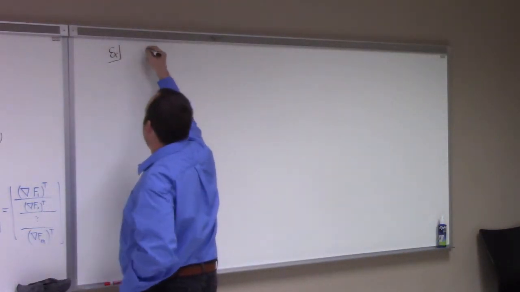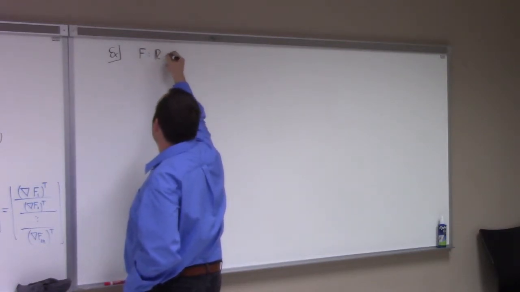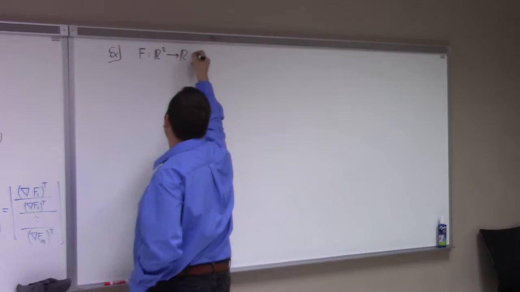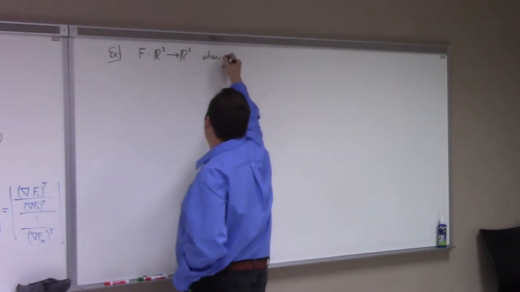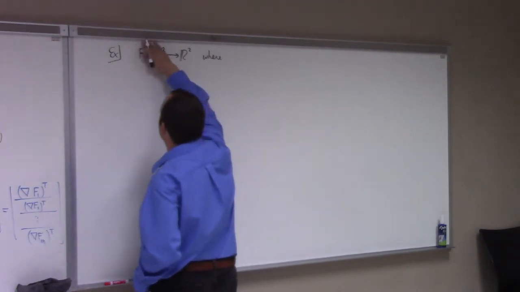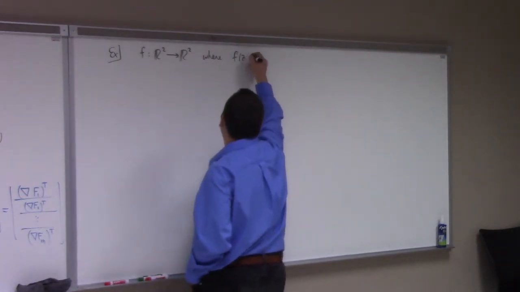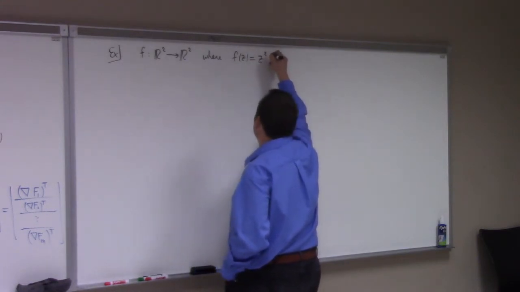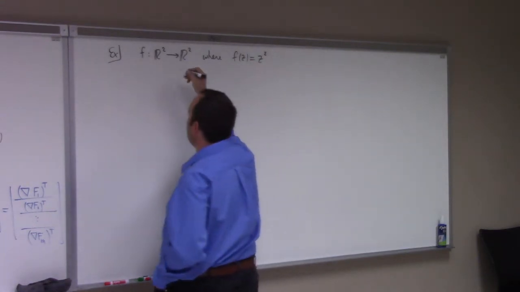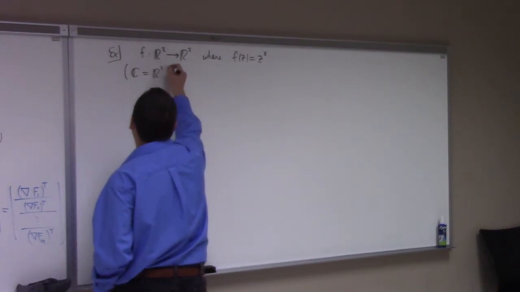Let's do an example. I also have an axe to grind here. I'm going to look at f from R2 to R2, where little f of z equals z squared. I'm thinking of C as R2 for this function.